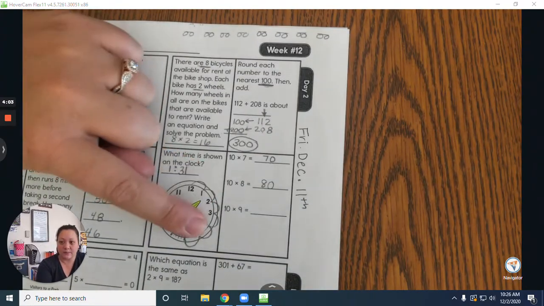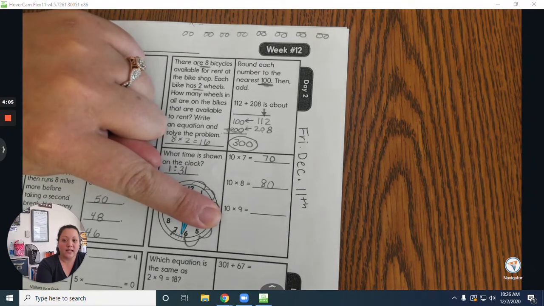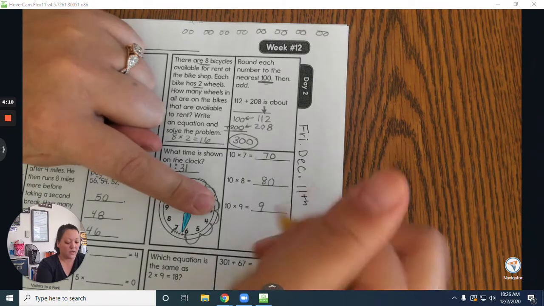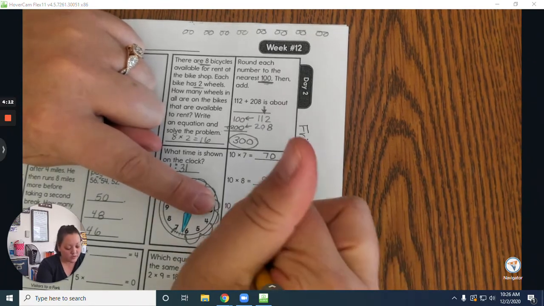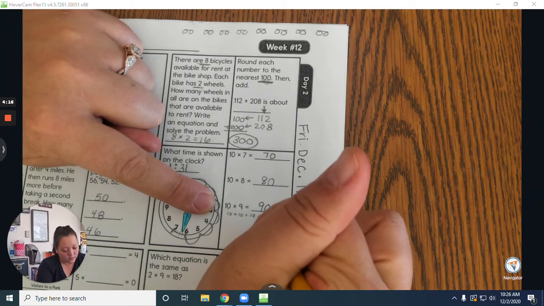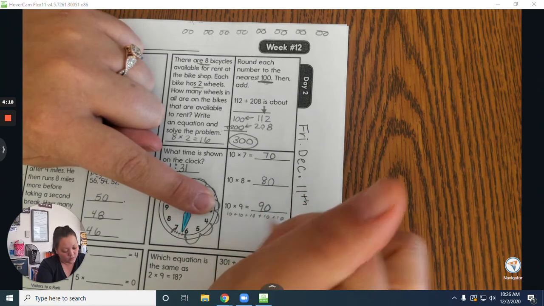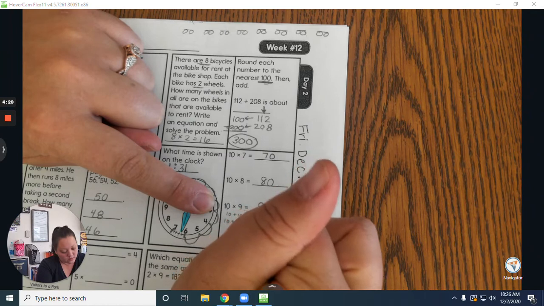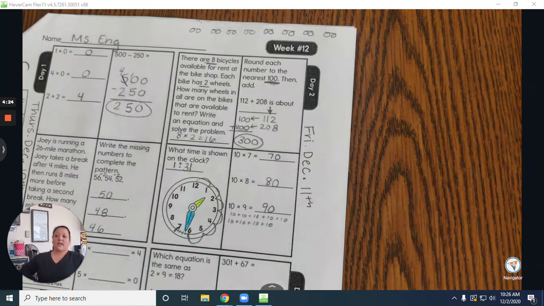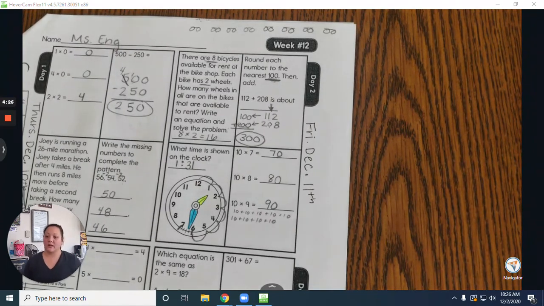So it's 80. Hopefully you already know what 10 times 9 is. You take the 9 and then you add the 0. Or this would be 10 plus 10 plus 10, 3, 4, 5, 6, 7, 8, 9. That's what that equals.